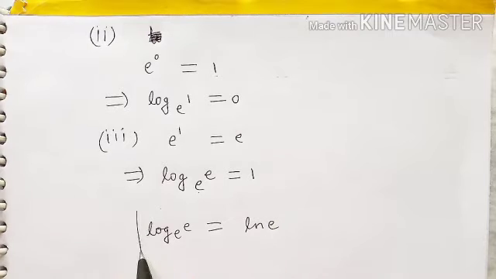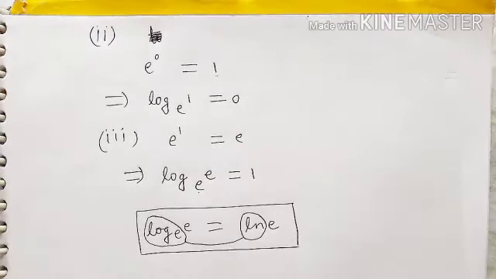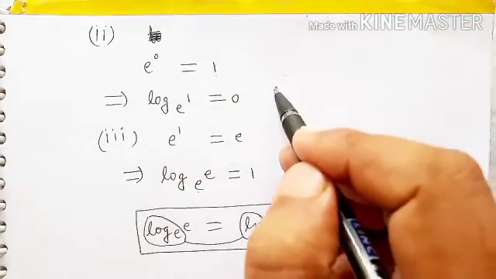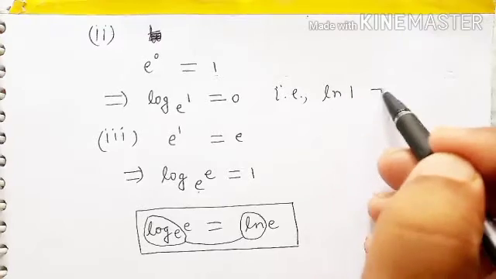Log of e to the base e, this part is written ln. So we can write it also as ln 1 is equal to 0.